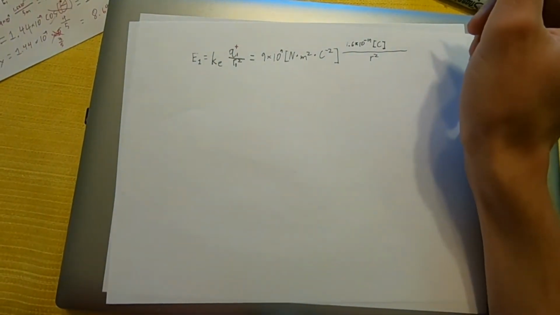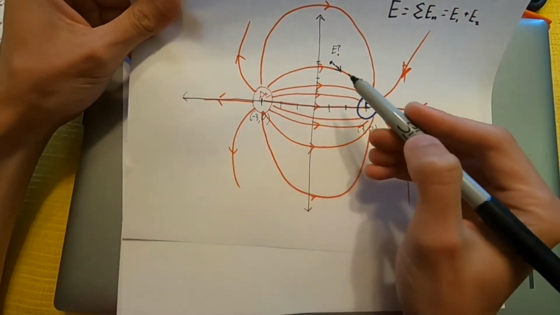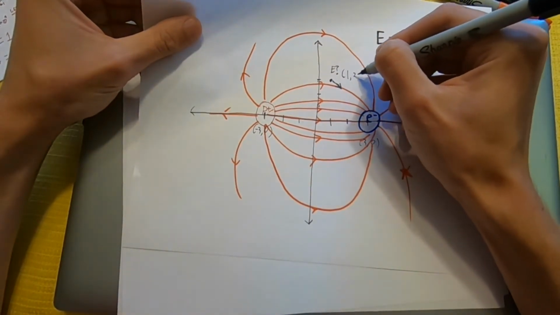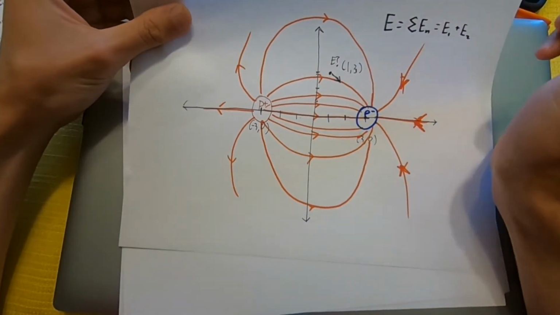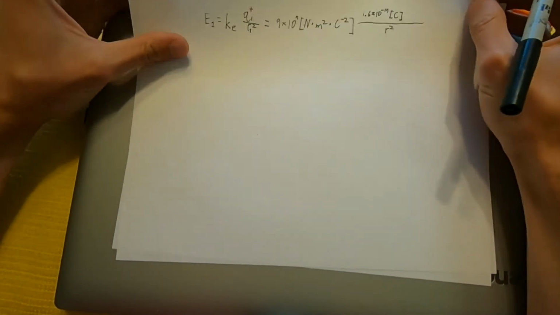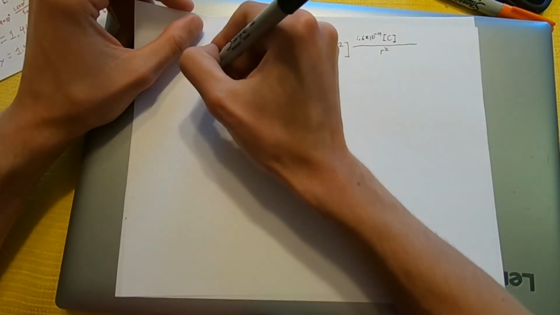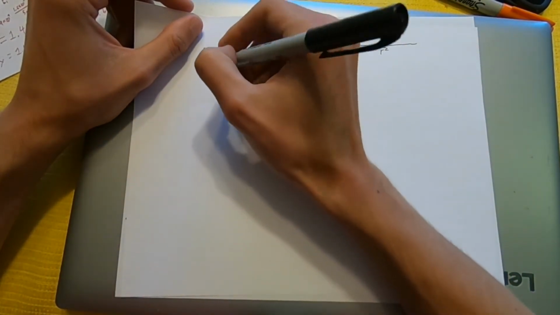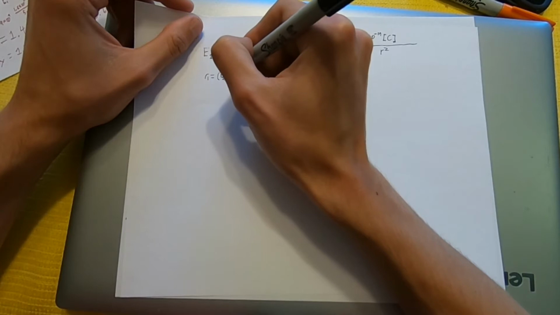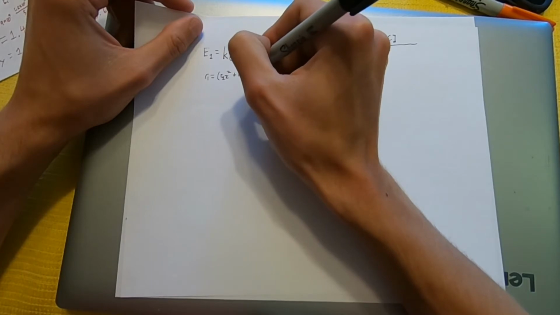So how do we calculate the distance between our center of charge here and this point in space at 1, 3? Well, we use trig, that's how. Using the Pythagorean theorem, we know that R1 is going to be equal to the square root of R1x squared plus R1y squared.